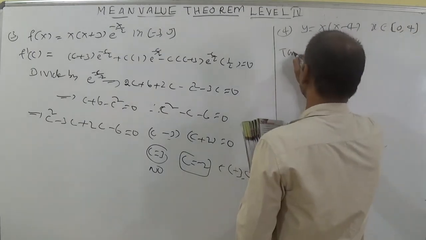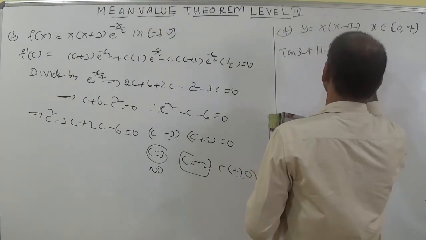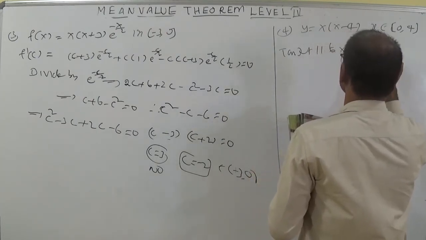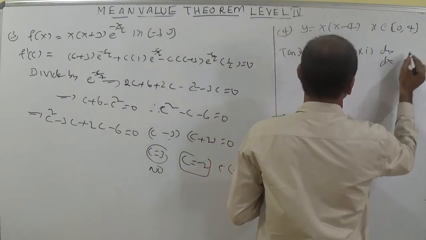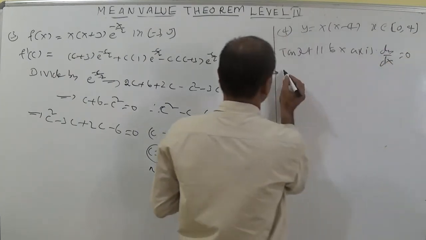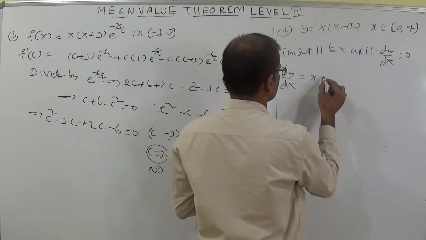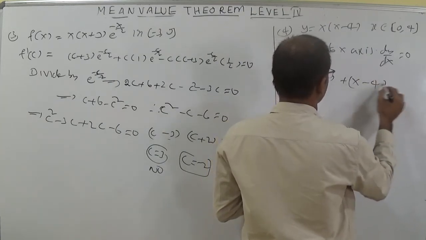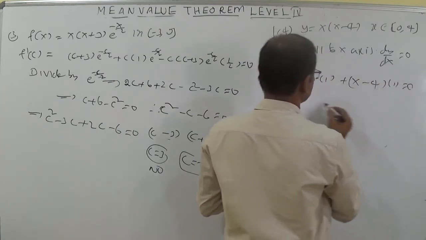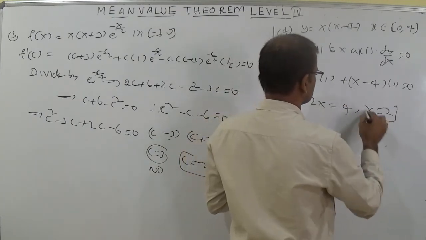Whenever the tangent is parallel to the x-axis, dy by dx equal to 0. That implies dy by dx is equal to x into 1 plus x minus 4 into 1 equal to 0. Here you can write 2x equal to 4, x is equal to 2.